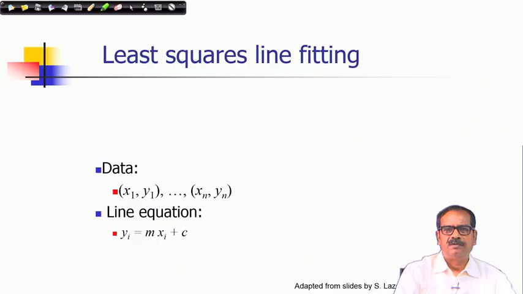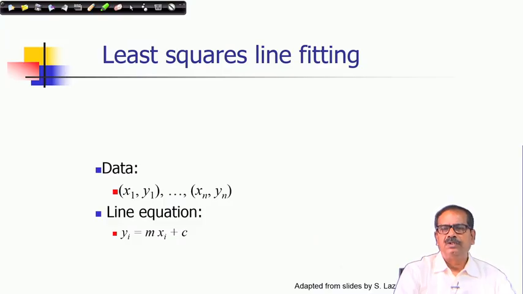That means, if you have the ith point, its coordinate is denoted in my representation as x_i and y_i. And the relationship between these coordinates in the model is a straight line equation relationship. It is not strictly a linear relationship, as you know; a straight line gives what is called an affine relationship. Colloquially we call it a linear fit, but actually it is an affine relationship.